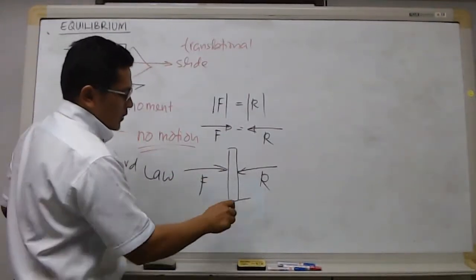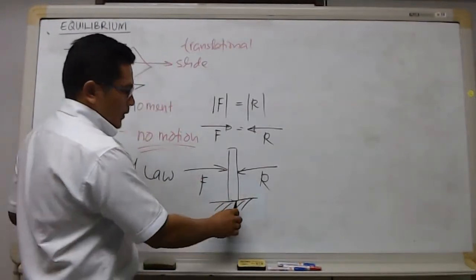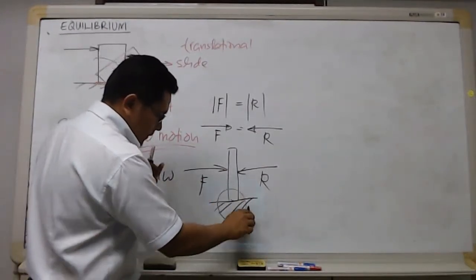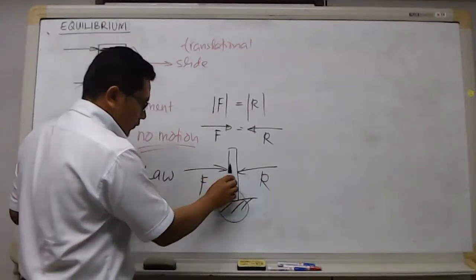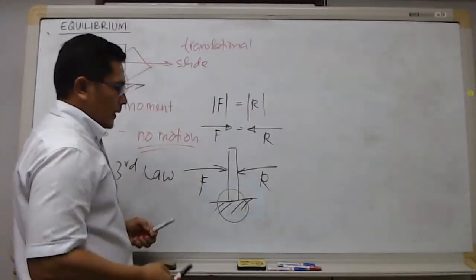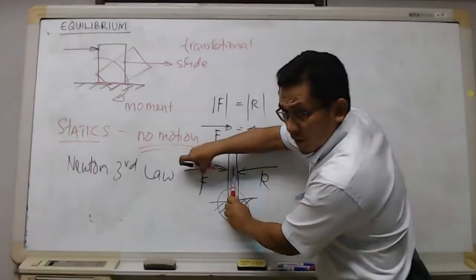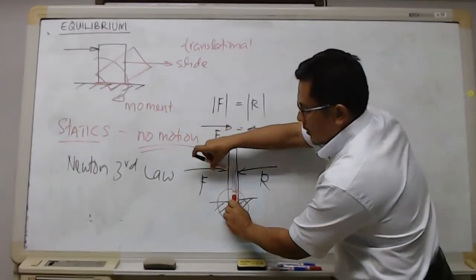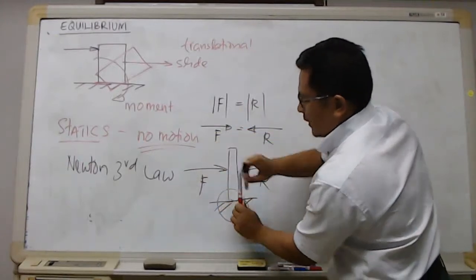In this situation, imagine that the block is grounded to the ground. So this particular region is giving the reaction, of which whenever you put a force, it is as if I'm clamping the block here. So whatever force you put, clamping it, it won't slide and it won't tilt.